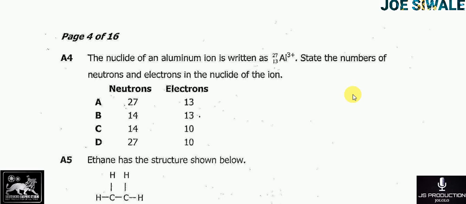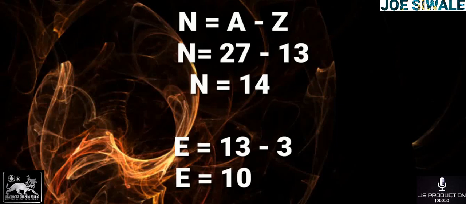Question 4 reads, the nuclide of an aluminium ion is written as Al with a mass number of 27 and the proton number of 13 and having a charge of positive 3. State the numbers of neutrons and electrons in the nuclide of the ion. To calculate the neutron number, neutron number equals the mass number minus the proton number.